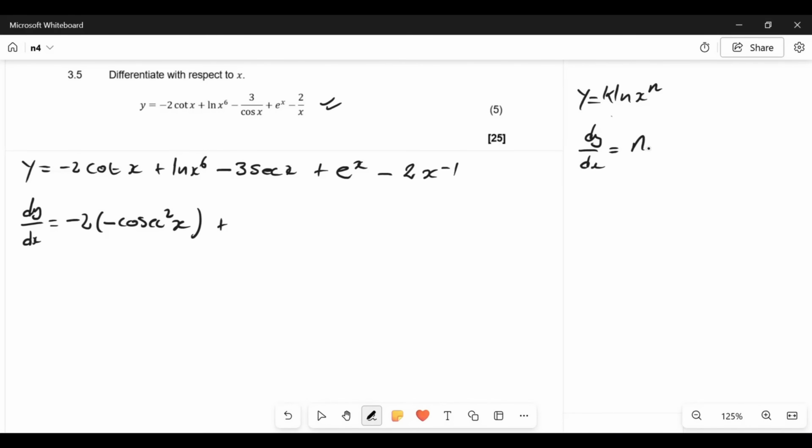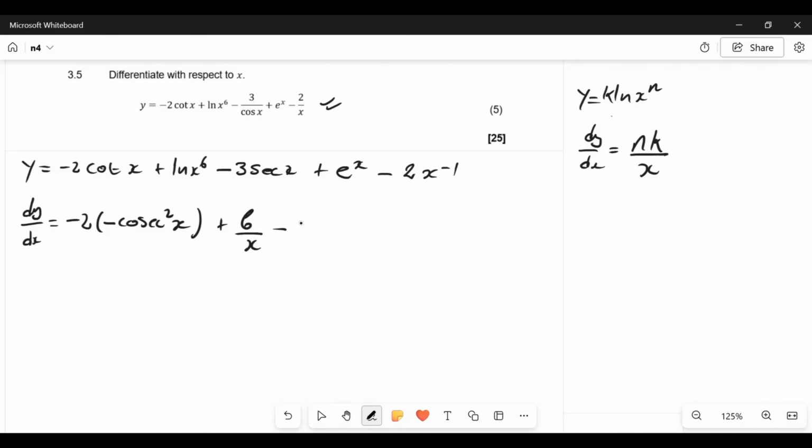It's going to be n multiplied by k divided by x, right? So in this case, our n is 6, so it's going to be 6. Our k is 1, so all this is divided by x, right? Also, I've done videos on this. Go to the playlist, guys, and check for the differentiation of natural logs. Then you'll find this type of equation that I just showed you there, right?